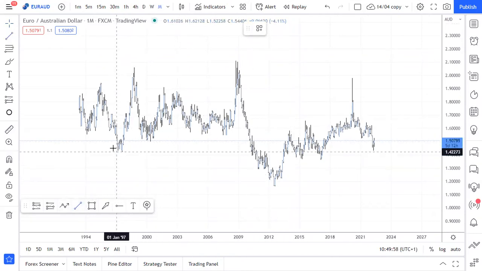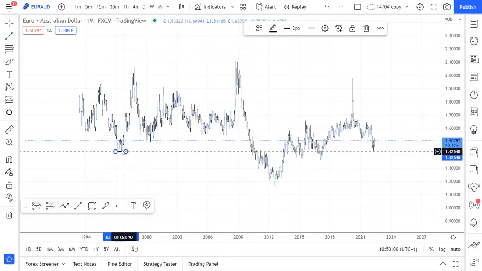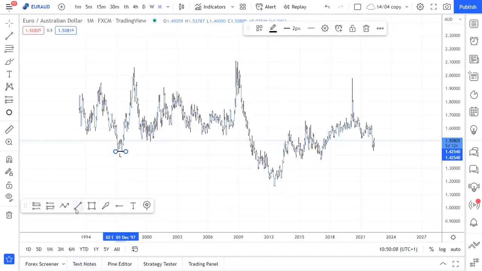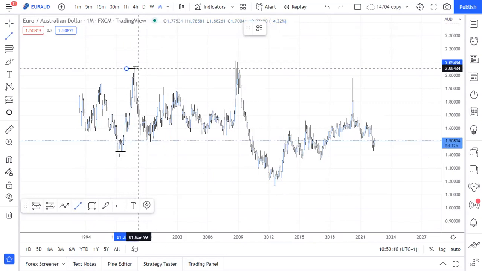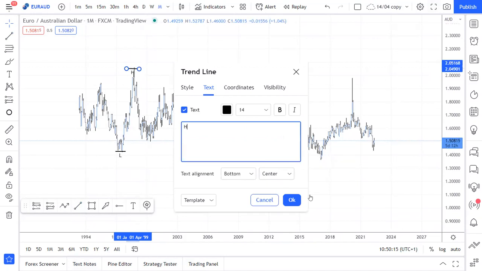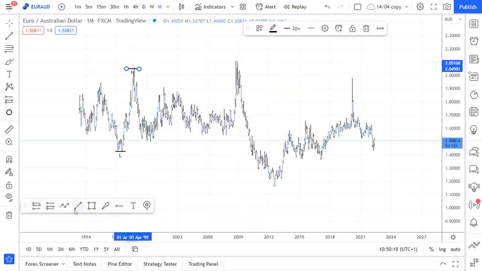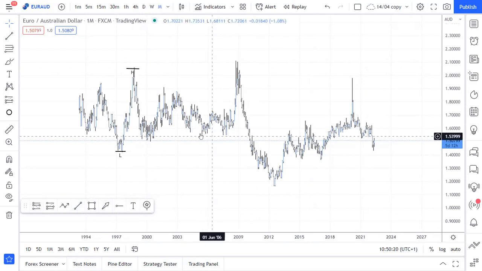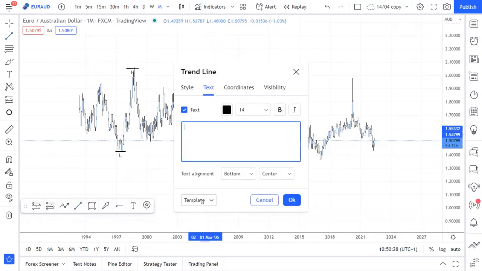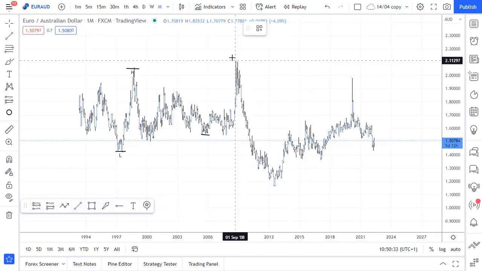This is done by marking our low here, our high, and then we'll have a lower high in here. Sorry, a higher low. This will be a higher low. This will be a higher high.